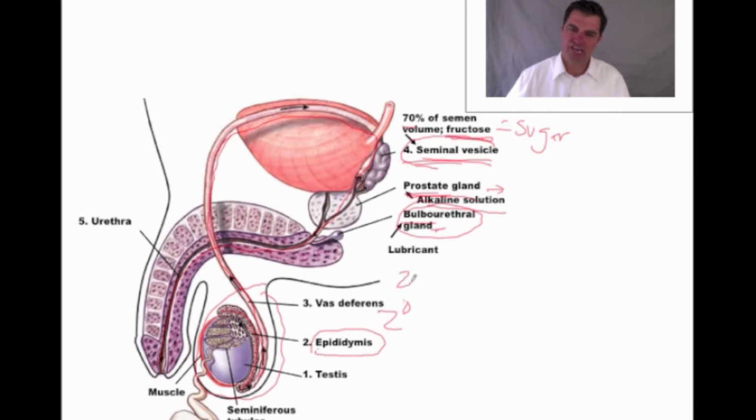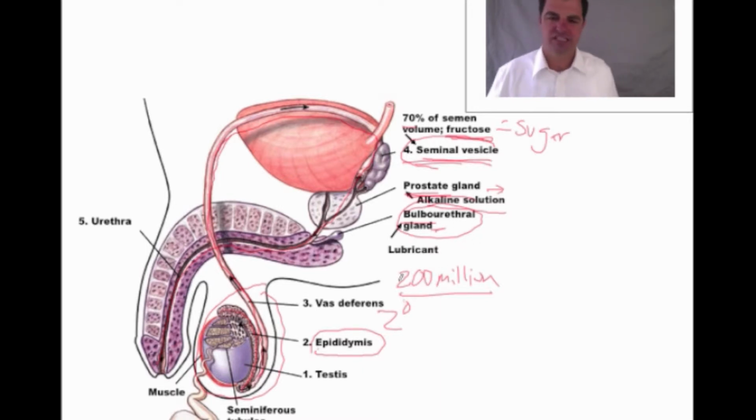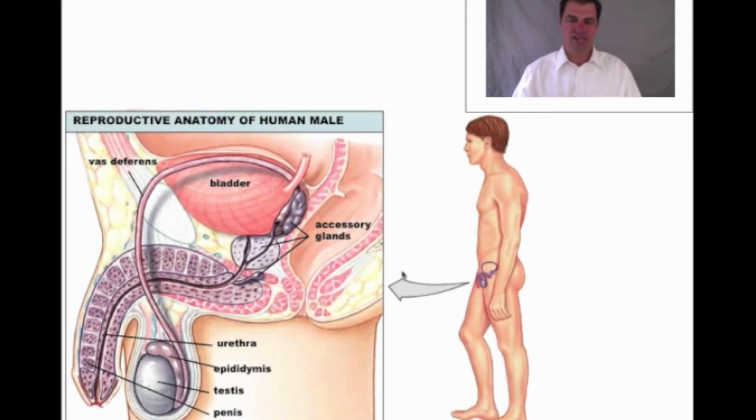A typical ejaculation has something like 200 million sperm in it, and most of those are going to die within the first few hours because of the hostile environment, the acidity of the vagina, which kills most of them right away. But it only takes one successful sperm to travel up into the oviduct and fertilize the egg.